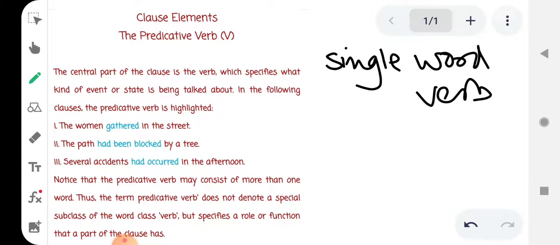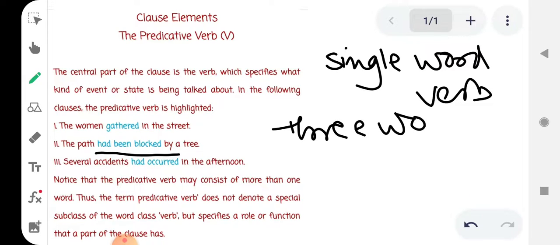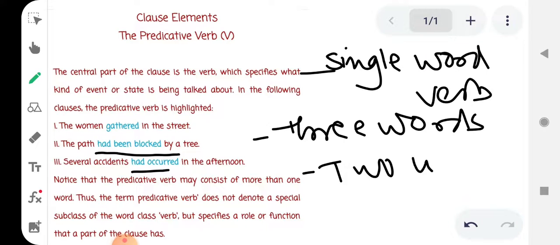In the second, it is a 3-word verb. And in the third, it is a 2-word verb. So there is variation in the number of words used. This is called a verb as well as a verb phrase.